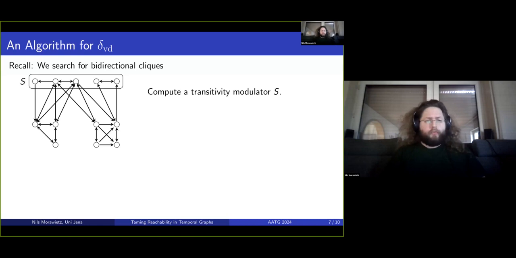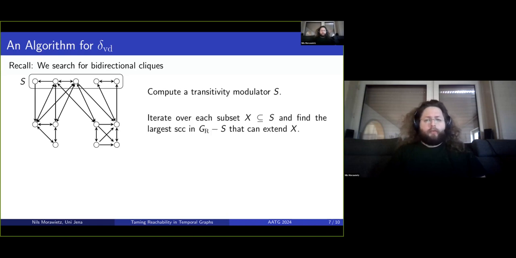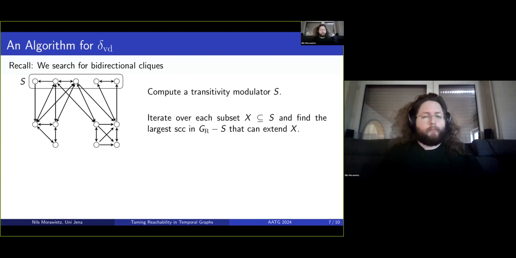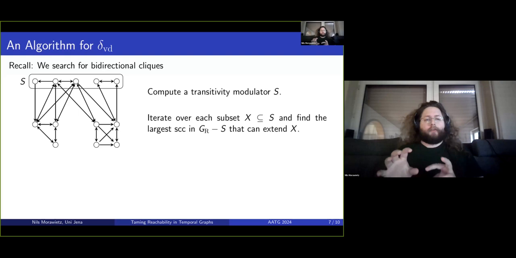And what we now do is we just iterate over each subset of this set S and ask, what is the largest temporally connected component? Or in this case, if we were looking just in the world of the reachability graph, what is the largest strongly connected component that extends this given subset?